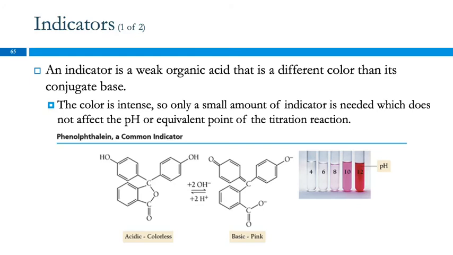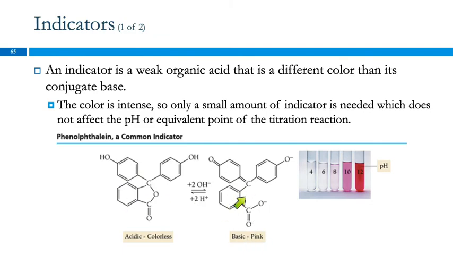So this is phenolphthalein. That's kind of a big old mess, right? When it's in this form as an acid, it's colorless, but if we add sodium hydroxide, get it into a basic environment where we take these 2 hydrogens off, it does a whole bunch of rearranging.